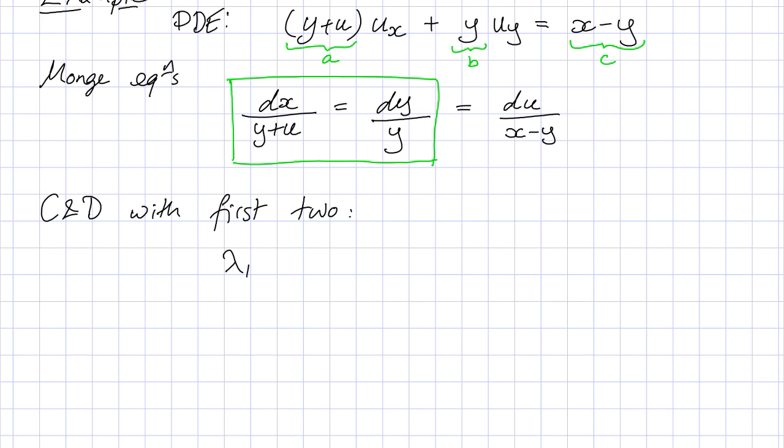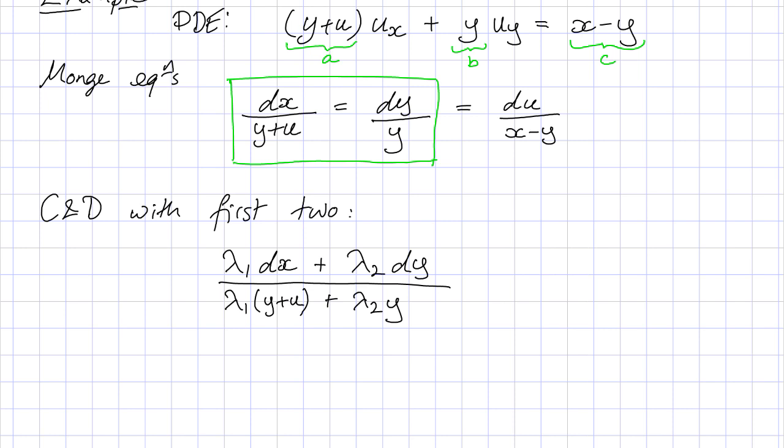So lambda 1 times dx plus lambda 2 dy, and then the denominators in the same proportion. So lambda 1 times y plus u plus lambda 2 of the second denominator, which is just y here.